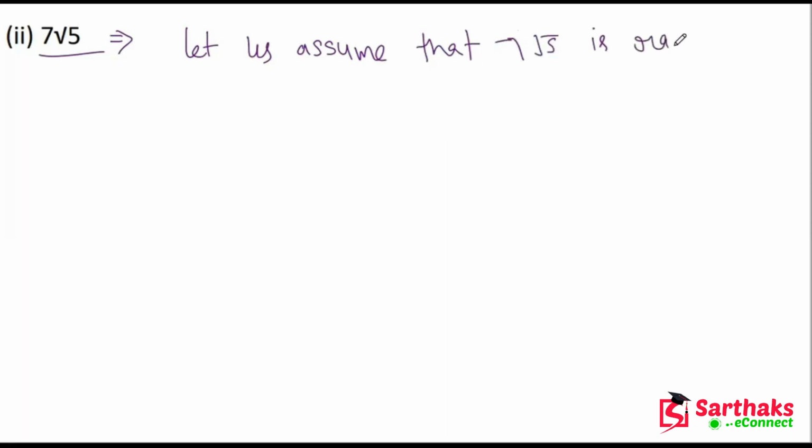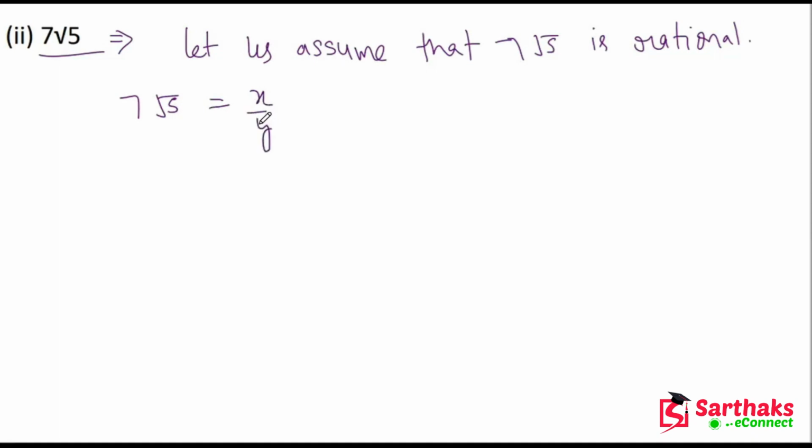The next question is 7 root 5. Let us assume again that 7 root 5 is rational. Then we can write 7 root 5 equals x upon y.